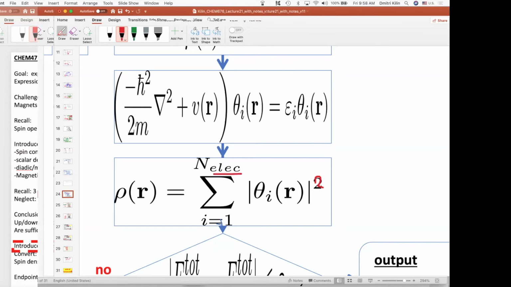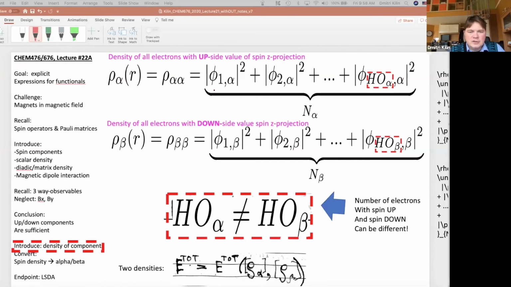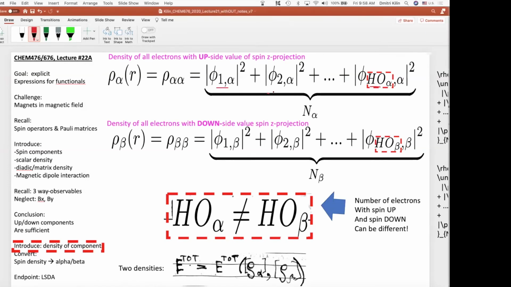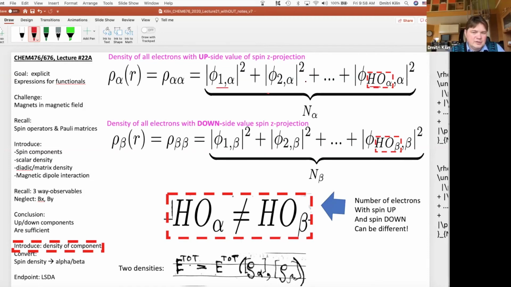We add together all orbitals from first, second, up to HOMO, squared, for the upward spins. So it will be density of alpha, of all orbitals with alpha spin.